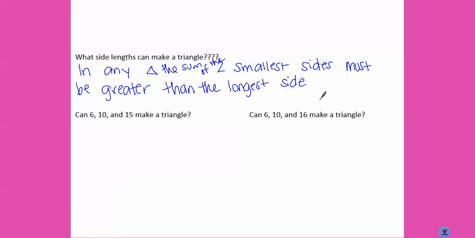In other words, the small side plus the medium side has to be greater than the long side.